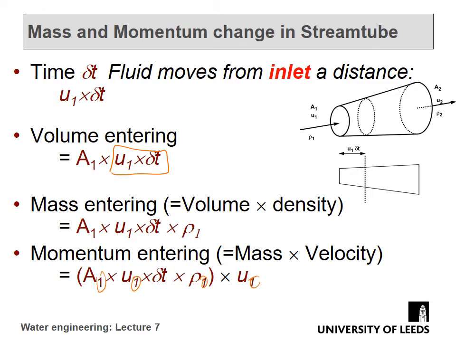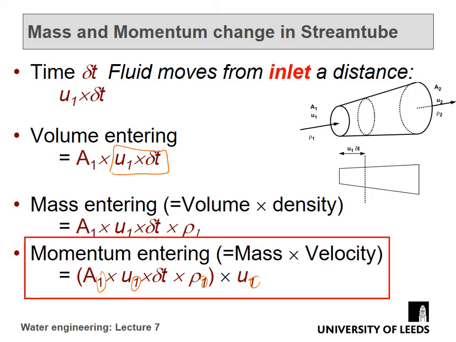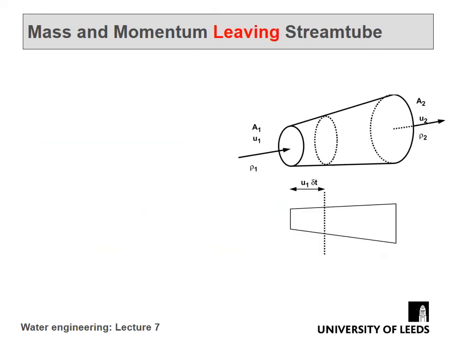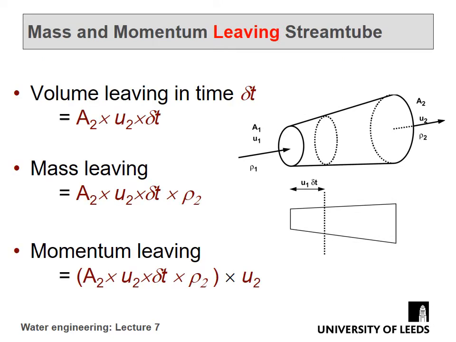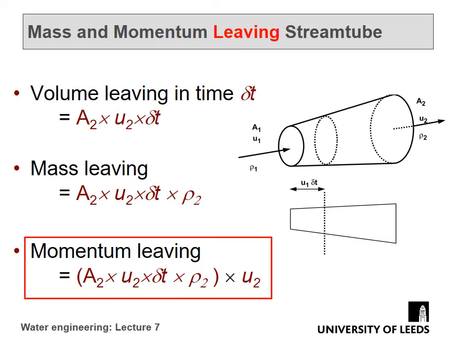We can write this same expression for what's coming out. So let's write this for what's going out. Momentum leaving is very similar, we've just got the subscript 2. Now, bear in mind Newton's second law, rate of change of momentum.